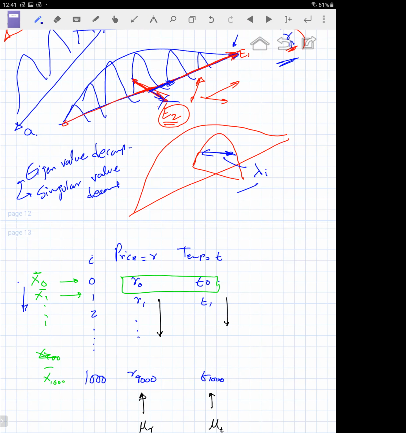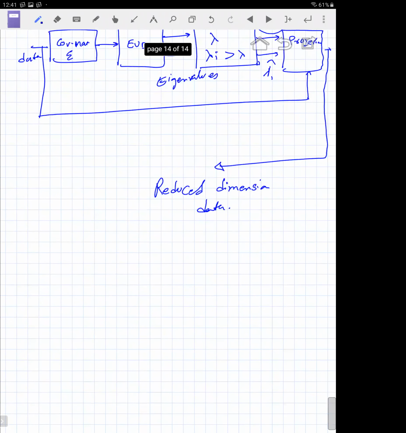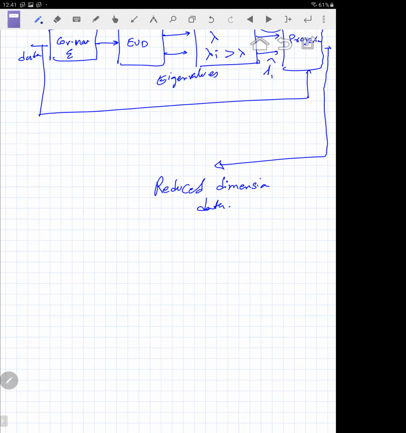In fact, one more point: once your reduced dimension data comes out, you can actually run your maximum likelihood estimation or maximum likelihood detection on this reduced dimension data.